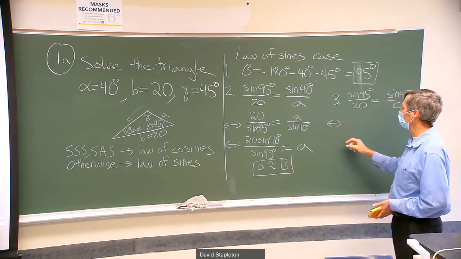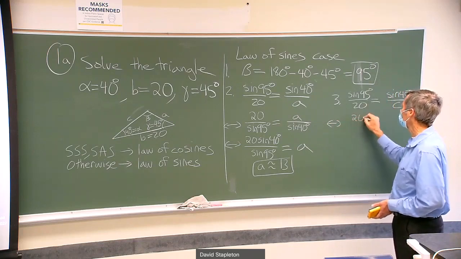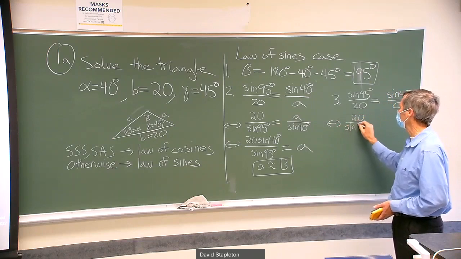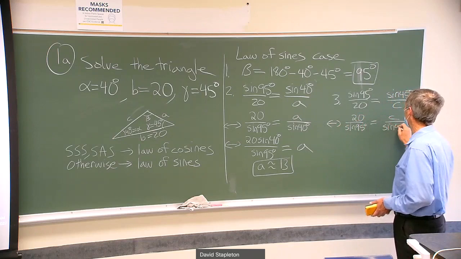So I'll again take reciprocals and go, oh, I could have started with this upside down, right? 20 over sine 95 degrees equals C over sine 45 degrees.